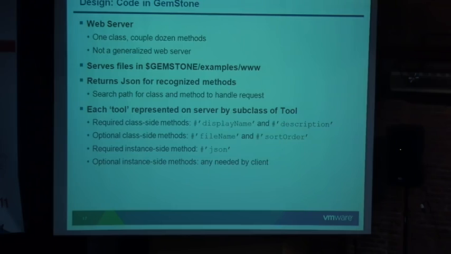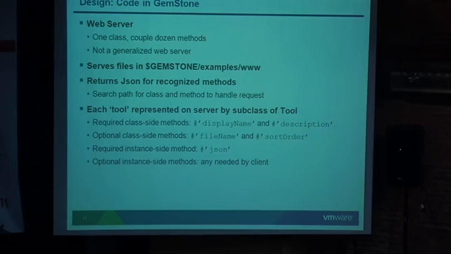GemStone is not serving up web pages. GemStone, on the server side, is not generating the web pages. It is instead returning JSON for recognized methods. A request is made, GemStone will then generate JSON to return, and the web browser through JavaScript will parse the JSON and build the page.